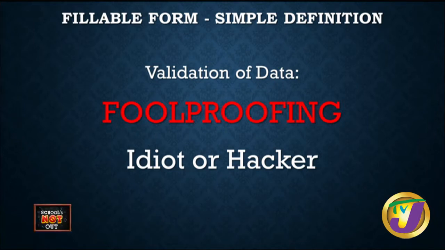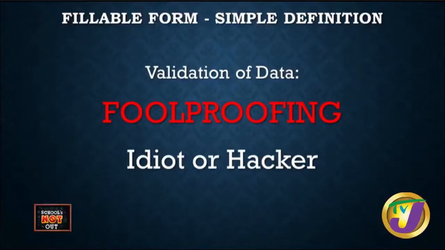In other words, if you wanted to put in a control that says enter your first name, maybe the person enters a number. Maybe the person decides to enter a date for the first name, just trying to be coy. Maybe the person is a hacker and wants to enter something like a routine or a little piece of program that will mess up your form. So as you create your form, you want to think about what would an idiot put into the form, or what would a hacker want to put in the form, and that way you can pay attention to what information you want the person to enter.